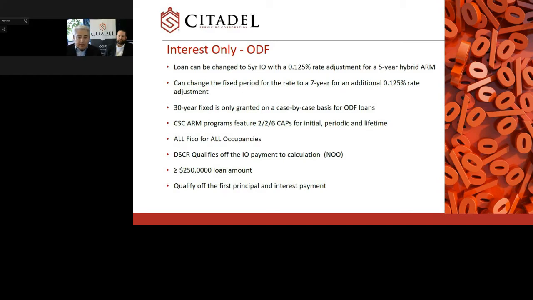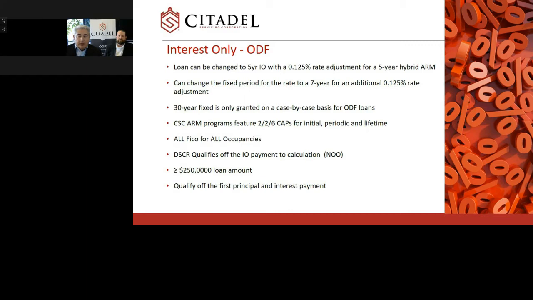In those products, you have to qualify off the fully indexed rate, the fully adjusted rate. But in ODF, it's different. DSCR qualifies off the IO payment for a non-owner occupied property in ODF.